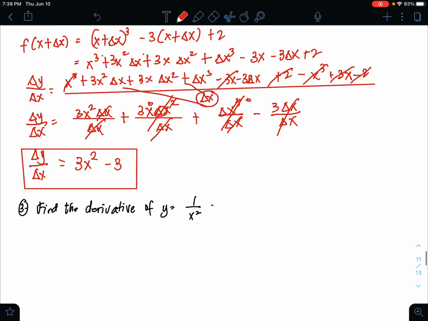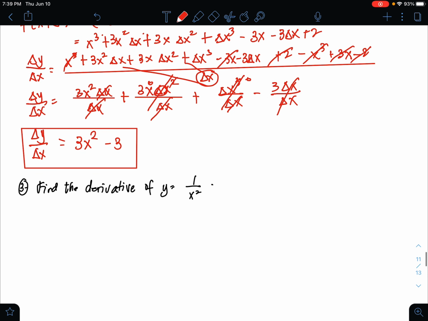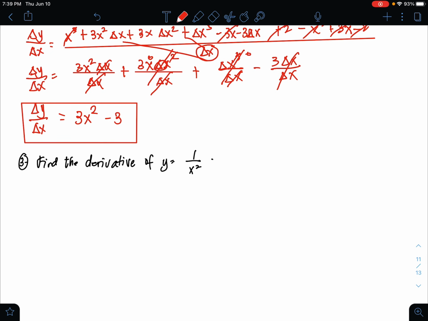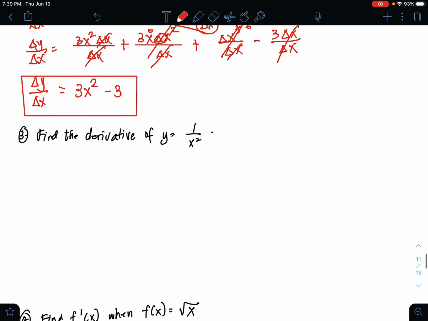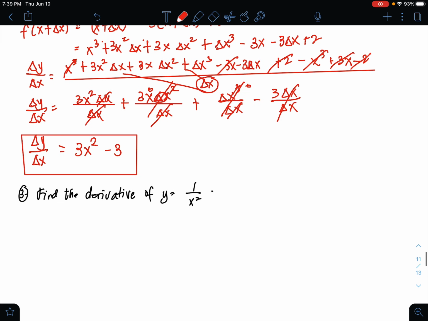Okay. Sir, this is the more difficult one, the fraction or rational expression. So y is equal to 1 over x squared. If you forget and it's y instead of f of x, no problem. If you see this in an exam, find f prime of x, it's the same as here.